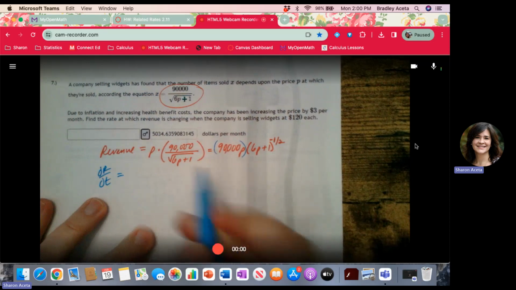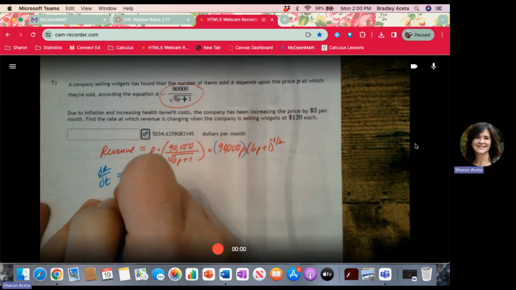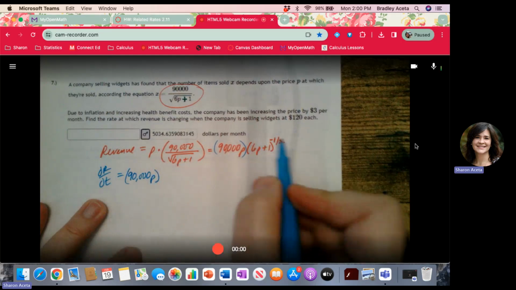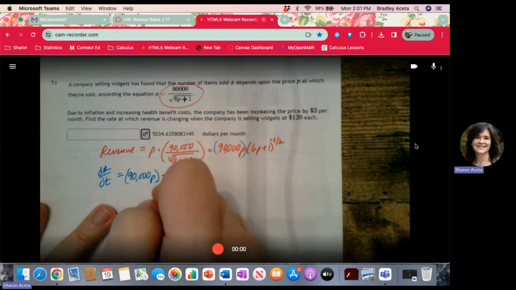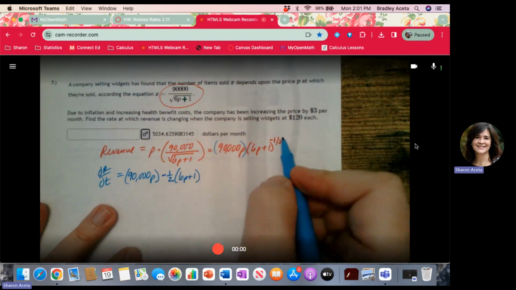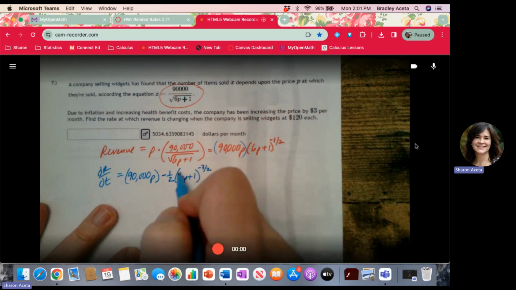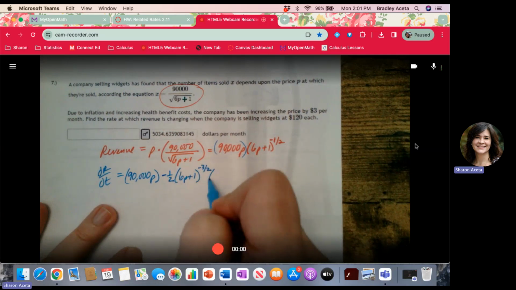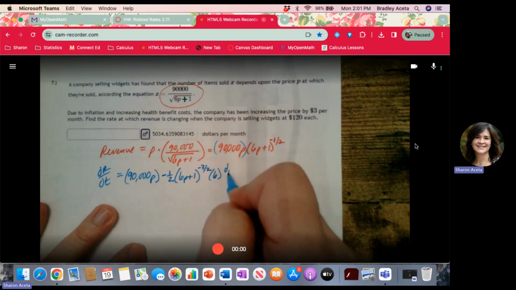So first, 90,000 P first times the derivative of this, that involves a chain. First times the derivative, which would be negative 1/2 times 6P plus 1 to the negative 3/2, times the chain, which is 6. Oh, but wait, times dp dt.